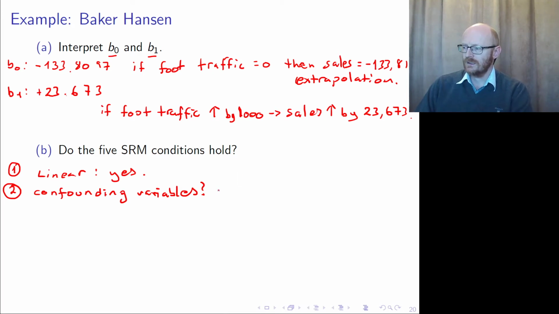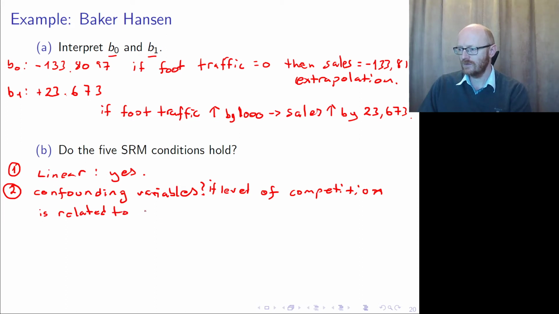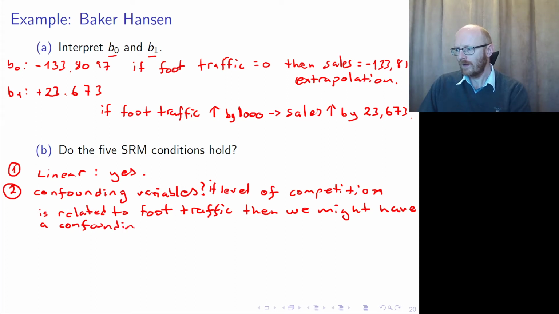We don't know, but for example, a confounding variable could be that if the level of competition is related to foot traffic, then we might have a confounding variable. Okay.